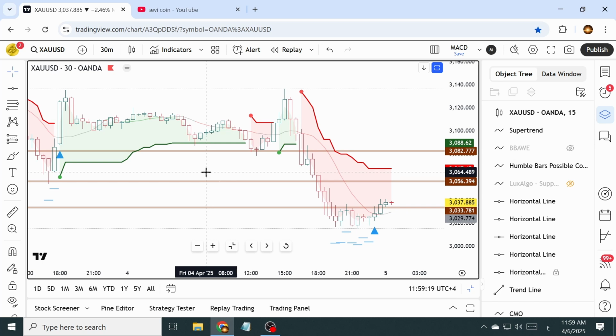So, as I mentioned in my previous report, the market is trying to break this support. In case this support breaks and the price closes below this level, we could see a further drop in the gold price to this level and test the same level as before, which is 3055.